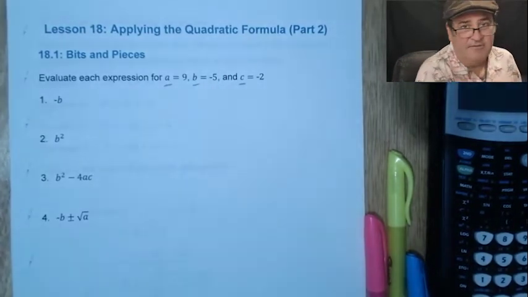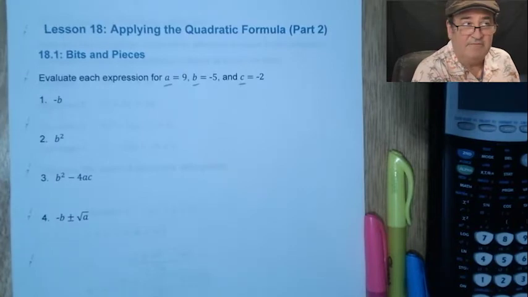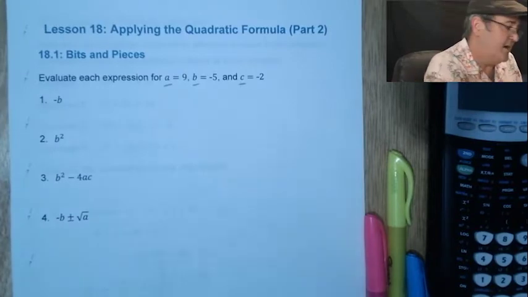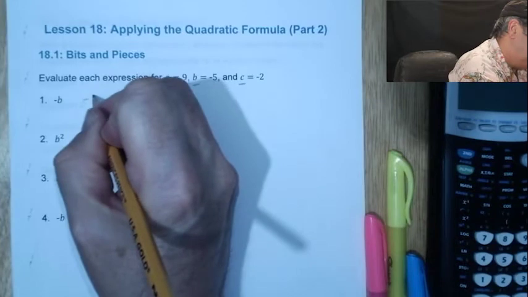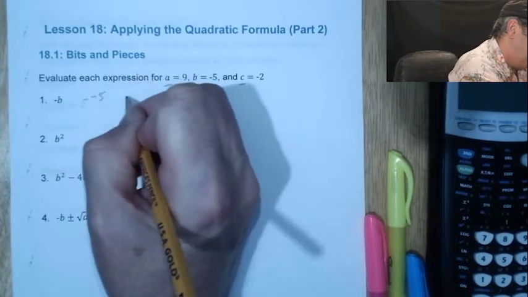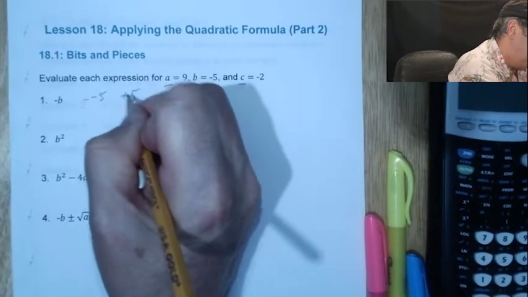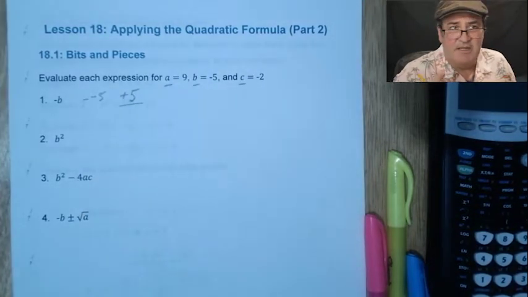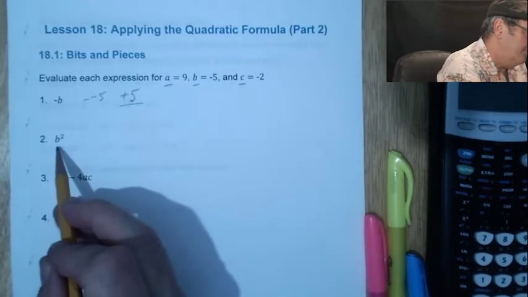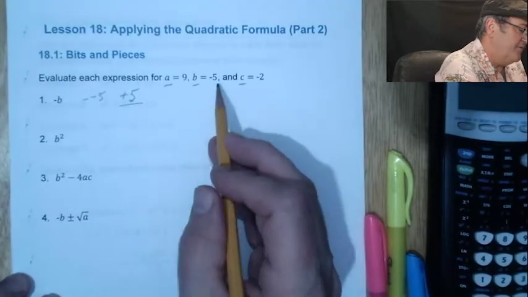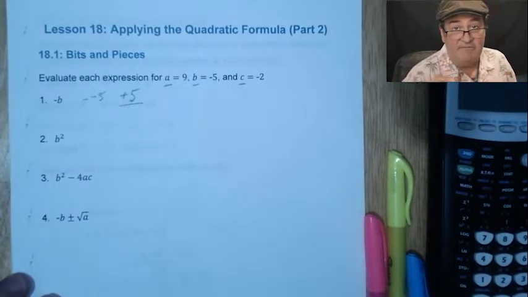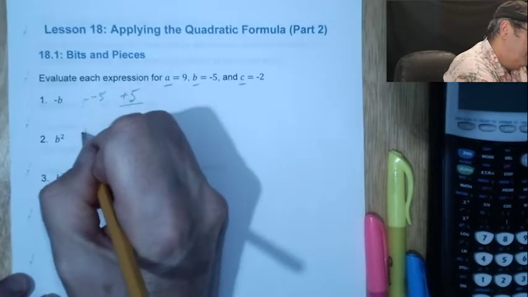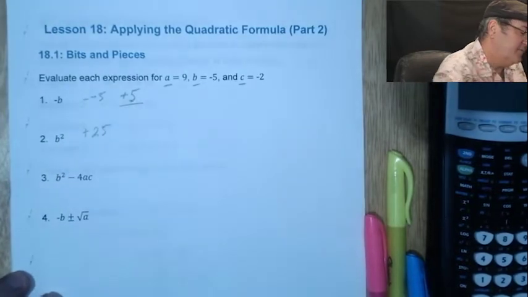So it says B is -5. So negative B, if B is -5, negative 5 would be +5, because a negative B, negative 5. B squared, so -5 times -5 again makes that a positive.